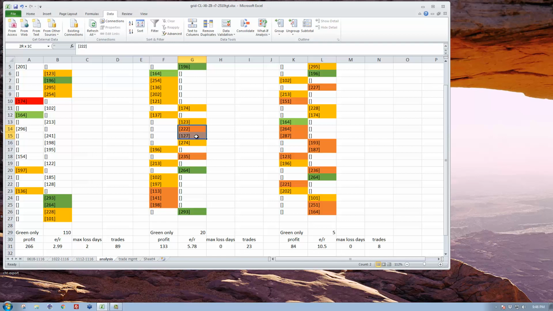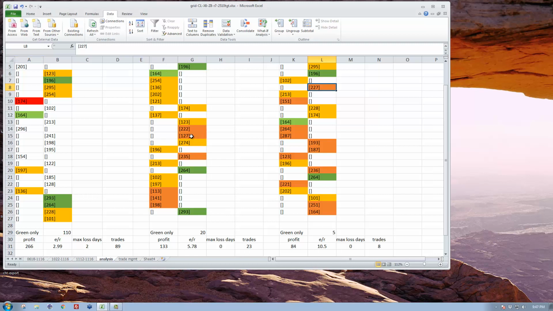So exclude the oranges. The oranges mean I didn't find it in any other sample. Starting from the right to the left, 227 only shows up here, last week. It didn't show up in the previous 4 weeks, and it didn't show up in the set of good efficiency ratio codes.